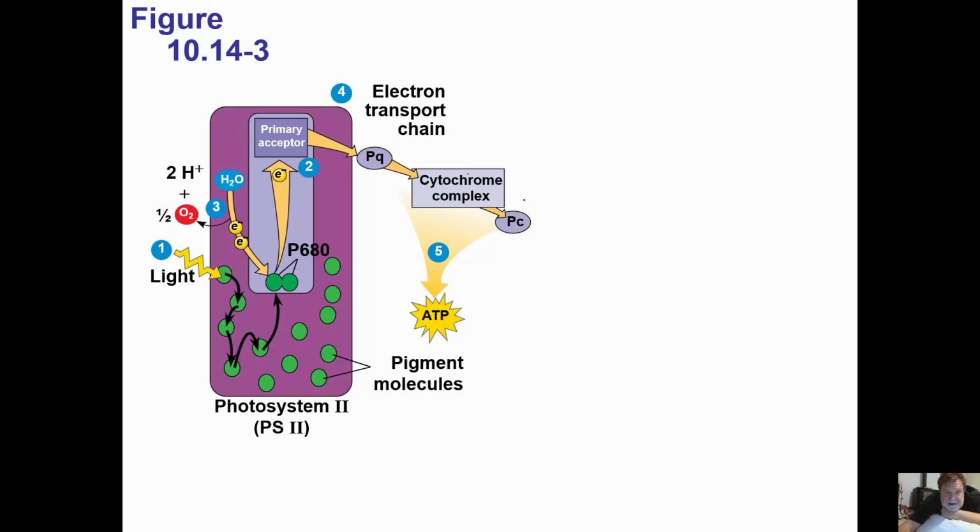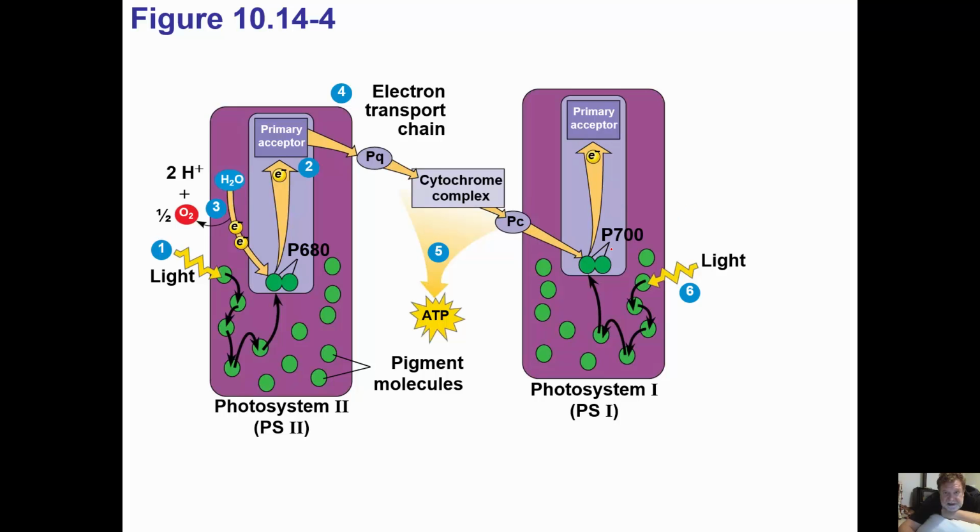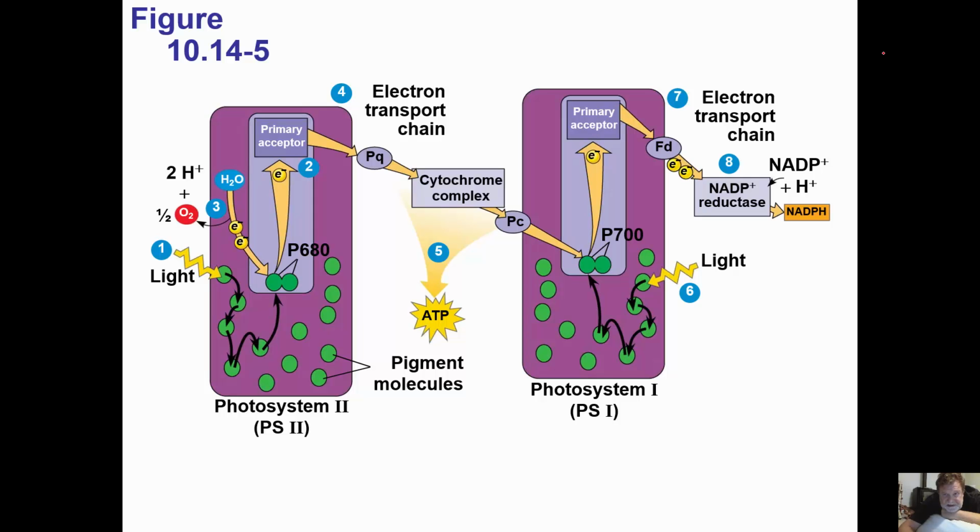The primary electron acceptor then transfers its electrons through redox reactions into a complex. At the second side of this complex here, we see electrons. The light energy is used to further excite these electrons to a higher state.